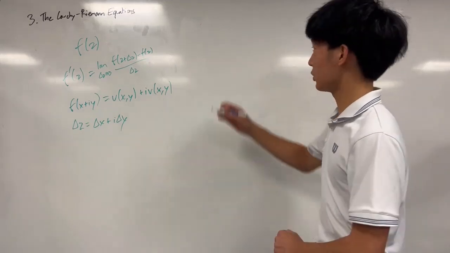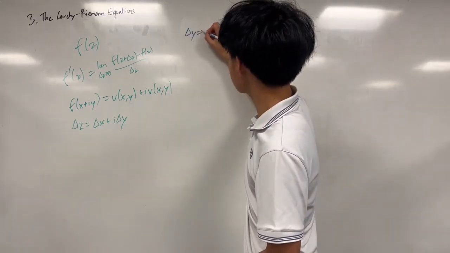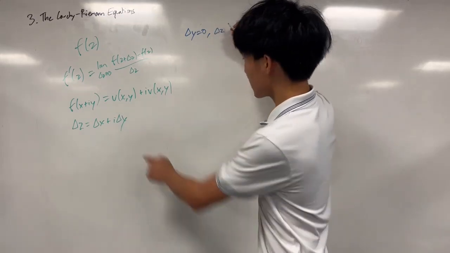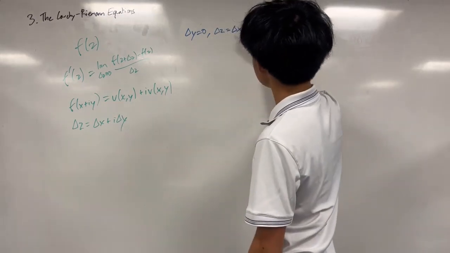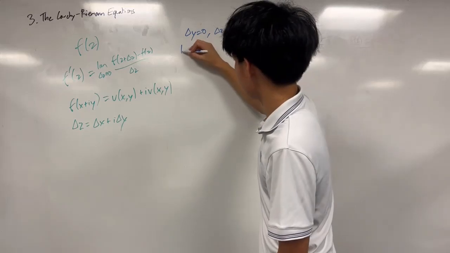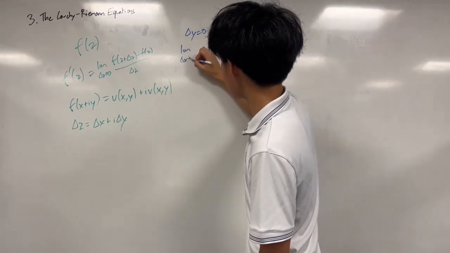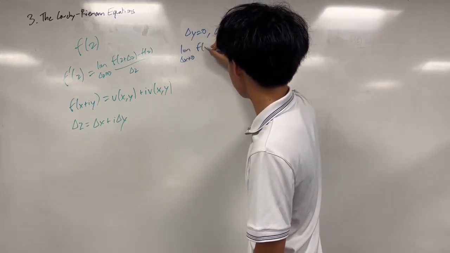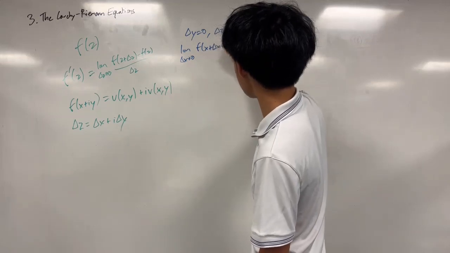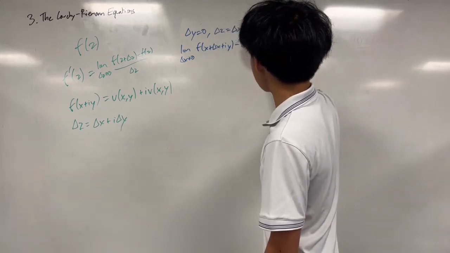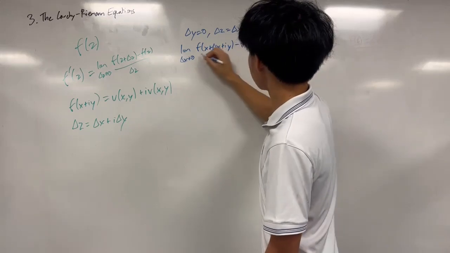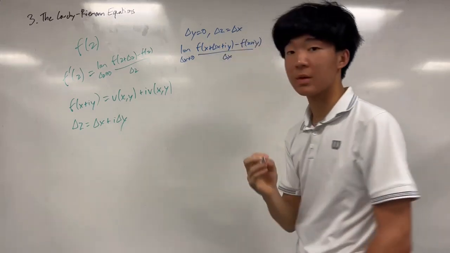We'll start with the horizontal direction, in which case delta y equals 0, and therefore delta z just equals delta x. This limit can be rewritten as the limit as delta x tends to 0 of f of x plus delta x plus iy minus f of x plus iy over delta x.